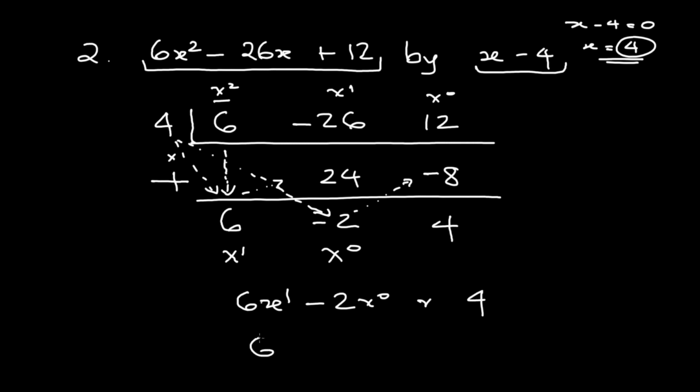So then this is 6x minus 2, remainder 4. And for, again, advanced mathematics, this will be 6x minus 2 plus, okay, 4 over x minus 4.